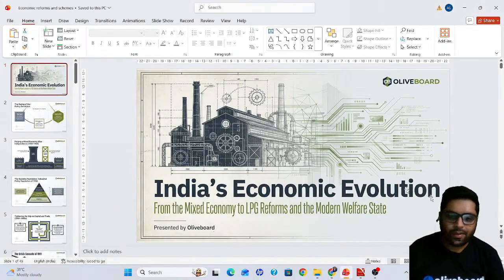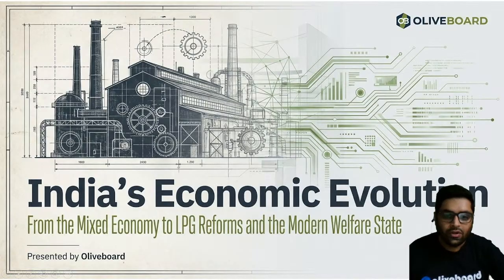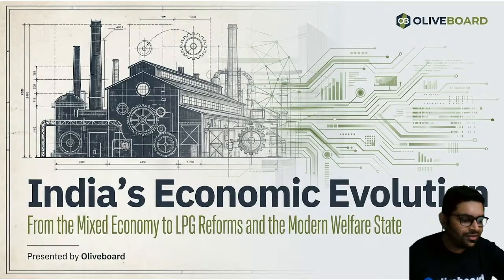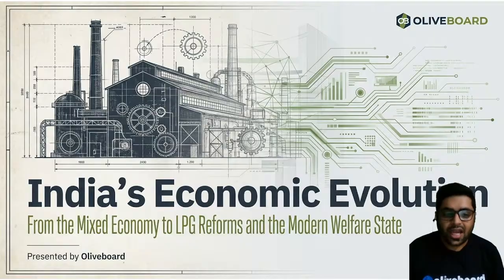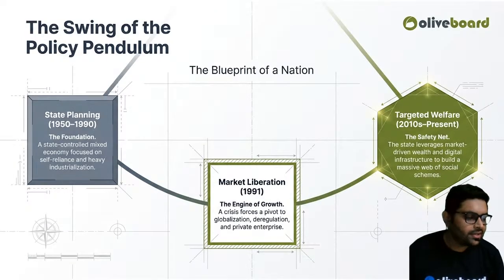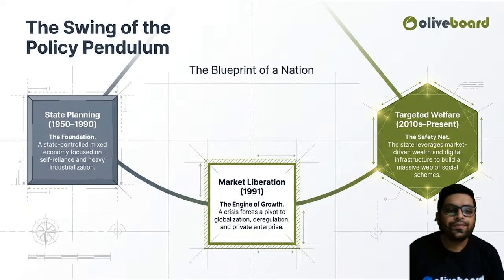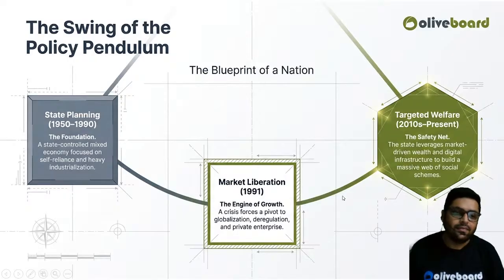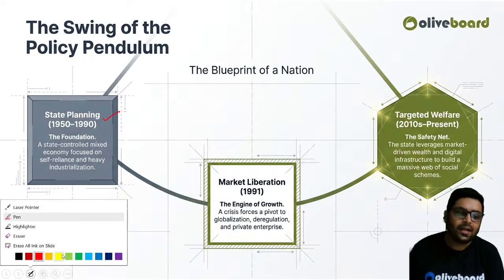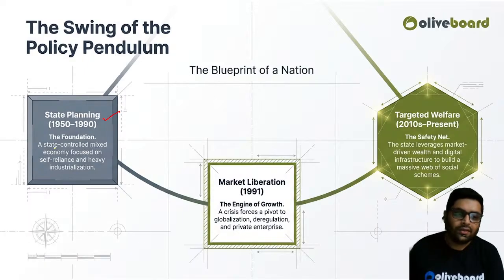Chalo, we'll start today's topic now. I named it India's economic evolution. This is how we have changed our economy over time, just a brief history of the economy. Earlier, from 1950 to 1990, it was more of a state planned economy, a state controlled mixed economy focused on self reliance and heavy industrialization.